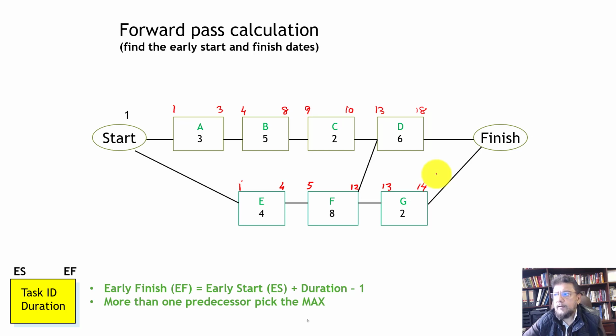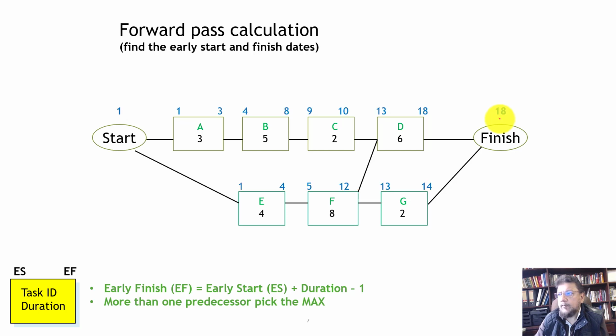You don't do the next day. You just use the same date. So in this case, the finish is going to be on the 18th. So that completes our forward pass. So now if you see, we've calculated all the early start and early finish dates. And we can also now state that this project is going to take 18 days to complete.